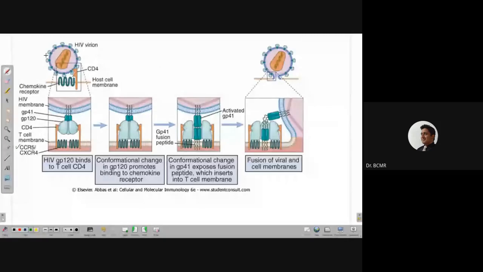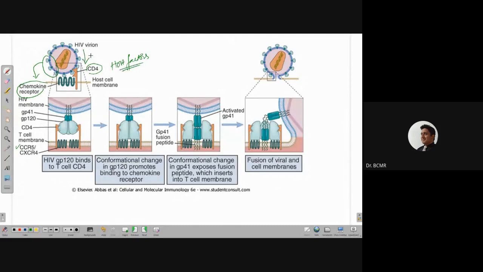On its surface it makes specific interactions with the target cell, and the target cell has certain factors. These are the host factors that are required for HIV to infect it.